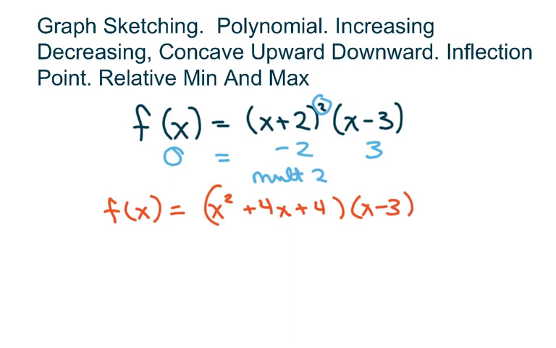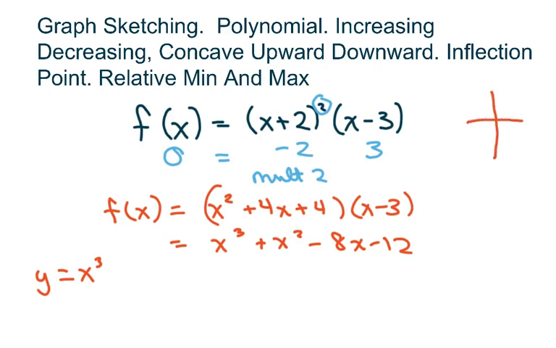You FOIL that out, and you're going to get x cubed plus x squared minus 8x minus 12. Now what this tells us, if you remember from pre-cal, is that our end behavior represents y equals x cubed. That would mean we're going to start in quadrant 3 and end in quadrant 1.